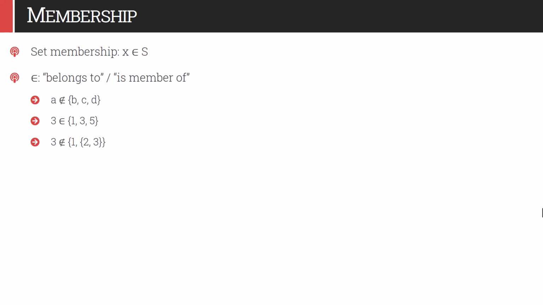But in this case, 3 doesn't belong to the set {1, {2, 3}} because {2, 3} is one element of the set. But 3 is not an independent or single element. So we can say 3 is not part of this set. 5 here is not part of the set {1, 2, 3}. But if we have an explicit element 5, then it can be part of the set, or we can say it's a member of the set.